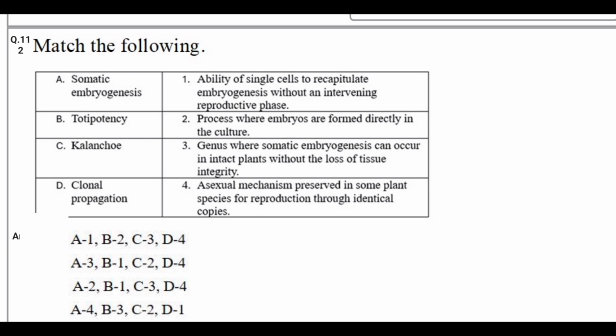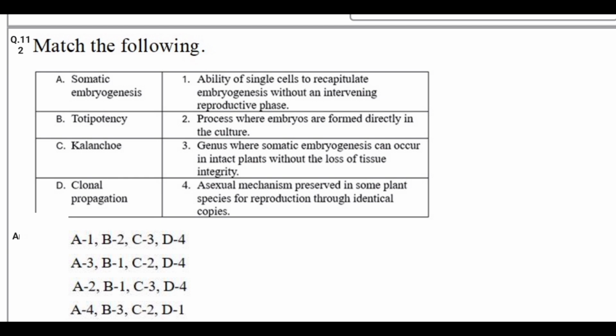Here also you have to match list 1 with list 2. Somatic embryogenesis is related to the process where the embryos are formed directly in the culture. Totipotency is related to the ability of a single cell to recapitulate embryogenesis without an intervening reproductive phase.